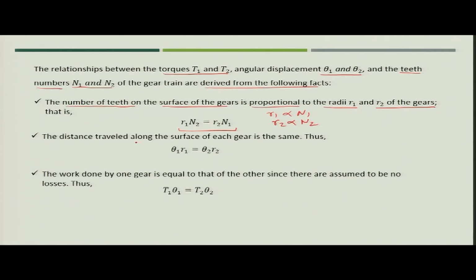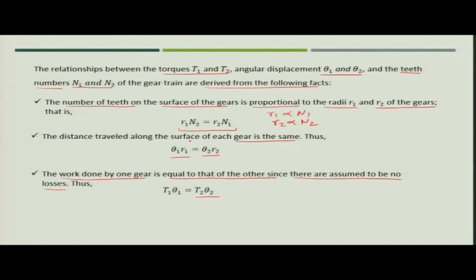Now, the distance travelled along the surface of each gear is the same. Therefore, you can write theta 1 R1, that is the distance travelled, equal to theta 2 R2. Now, the third one is that the work done by one gear is equal to that of the other, since there are assumed to be no losses. In that case, T1 theta 1 will be equal to T2 theta 2.